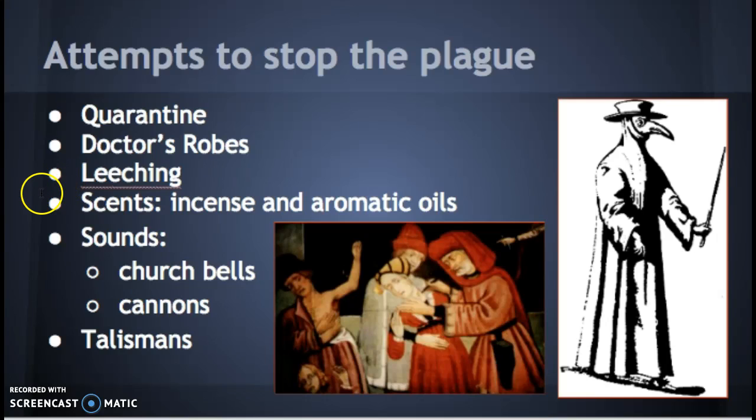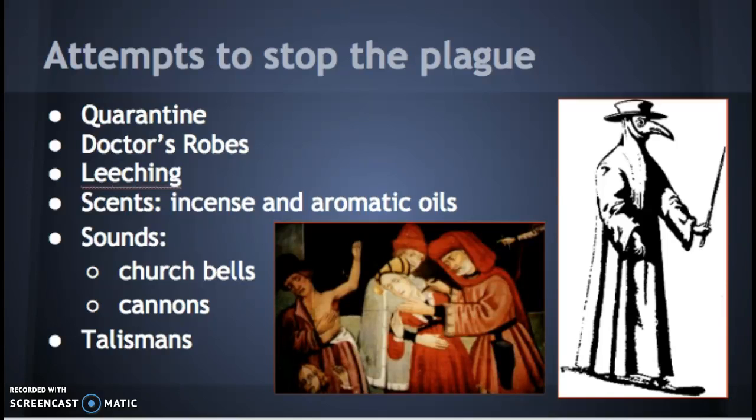You also had leeching, so quite literally the idea of putting leeches on the skin and trying to get them to suck the plague out of you. As I said, scents, aromatic oils, this idea that those things could ward off or cure the plague. Because this is very connected to religion in terms of the ideology of the people at the time, some of them believed as well that certain sounds could keep the plague away.